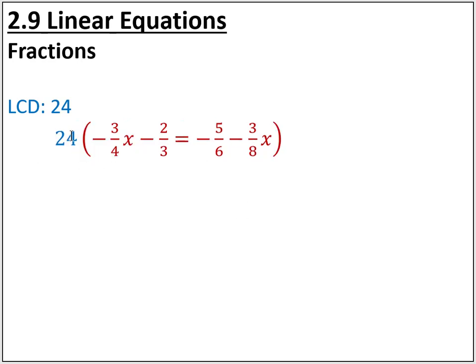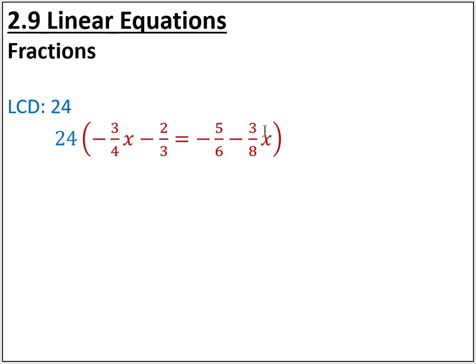So, I'll put 24 in the front, and I put the whole equation in parentheses because I'm going to multiply the 24 to every part of the equation. Notice how I put the parentheses in front of the equation and behind to demonstrate that I'm going to multiply 24 to every part of the equation.